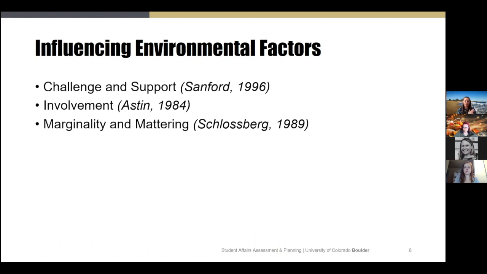So this marginality and mattering, Schlossberg says, is basically the extent to which someone feels like they fit in to the campus community. Do I feel like I fit in? Do I feel like I matter to someone on campus? A peer, a staff member, a faculty member, whoever. Do I feel like I matter? Do I fit in? Can I see myself here?